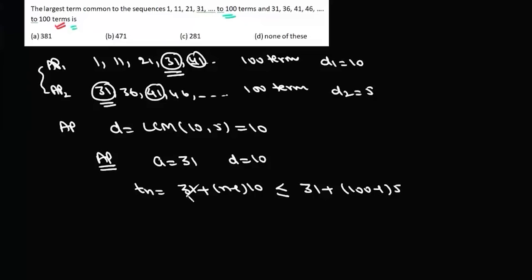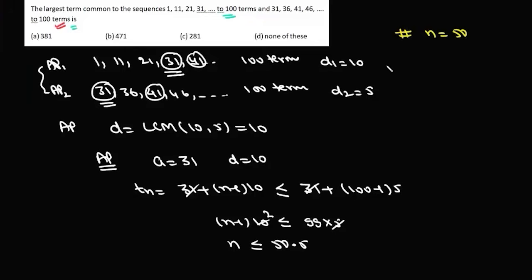So this 31 will cancel, and we get (n minus 1) into 10 less than or equal to 99 into 5, or n will be less than or equal to 50.5.